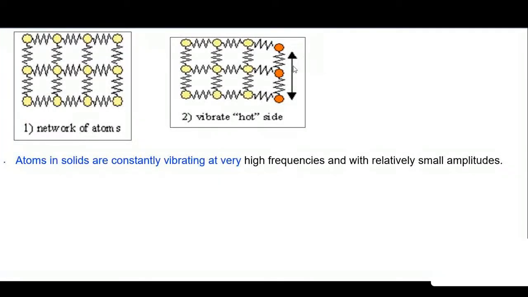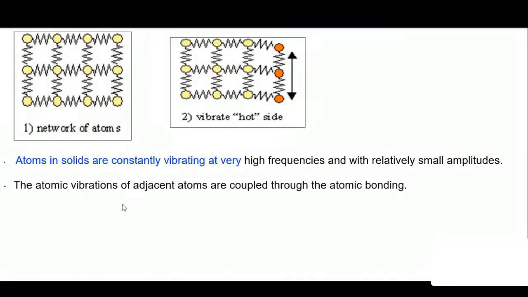Now, when this vibration is because of temperature, the vibrations are going to be greater on the hot side. So hot side atoms are going to vibrate violently, and adjacent atoms are coupled through the atomic bonding. So whatever vibrations are there, as they are coupled with the adjoining layers, the vibrations are going to get transferred from one atom layer to the second layer, likewise the third layer, likewise the fourth layer, and this is what is called the transfer of heat because of lattice vibrations.